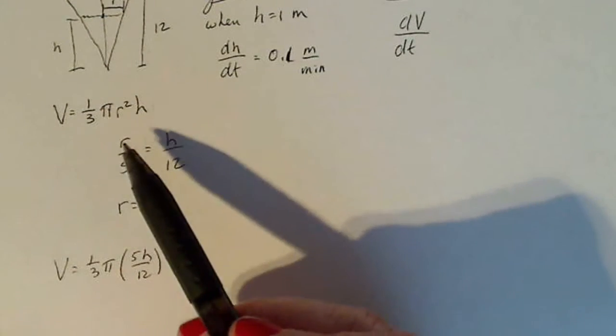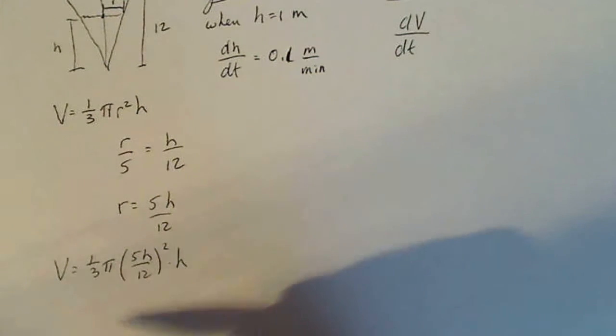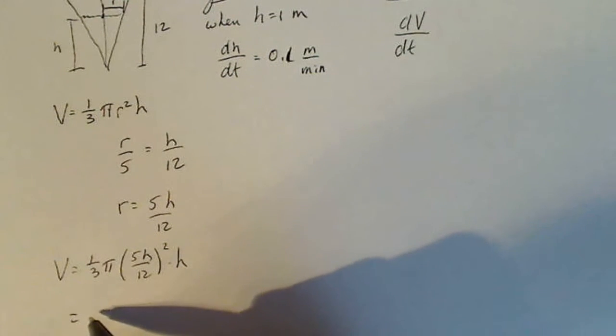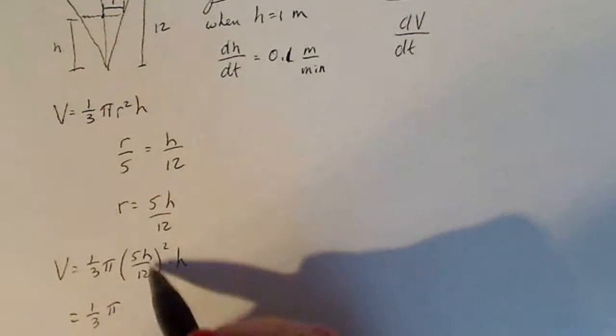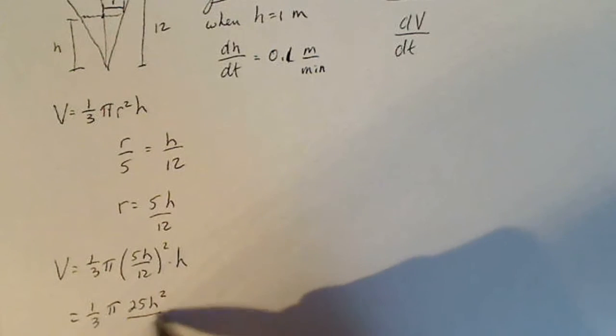I'm going to replace R here with this, and then I'm going to simplify. It always helps to simplify. Students don't like simplifying, but I tell you what, it really does help at times. So if I square this, I get 25H squared over 144 times H.